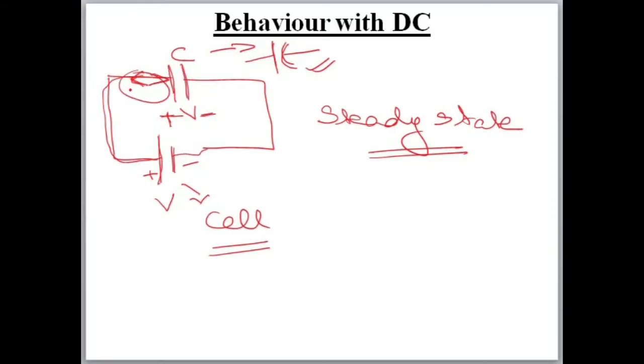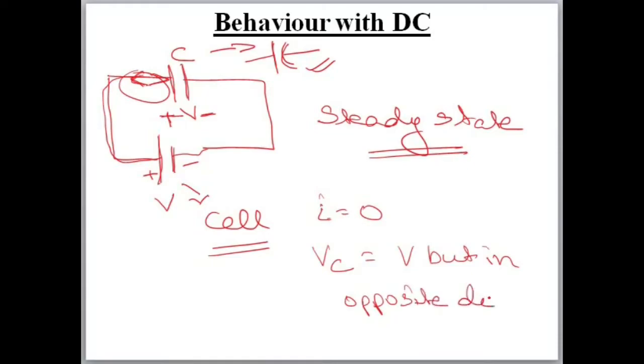So ultimately what will happen? There won't be any current flowing in the circuit. Neither the supply can flow any current in this circuit, nor the capacitor. So ultimately the current in the circuit will be zero, and VC, that is the voltage across the capacitor, will be V, but this V will be in the opposite direction to the supply voltage.